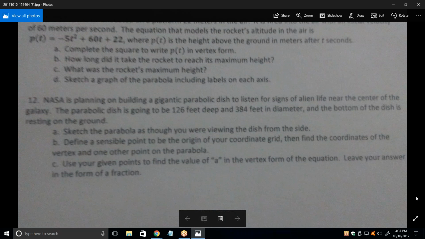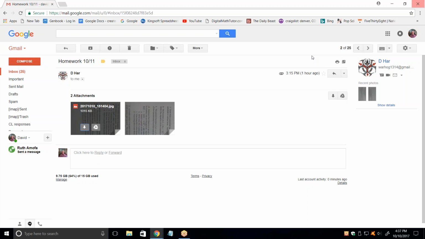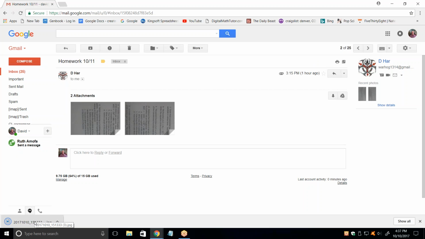Looks like the first page. Oh. Sorry. I forgot this one on the right was the first page.